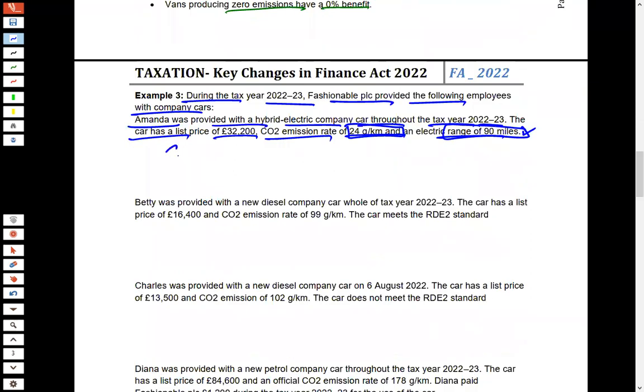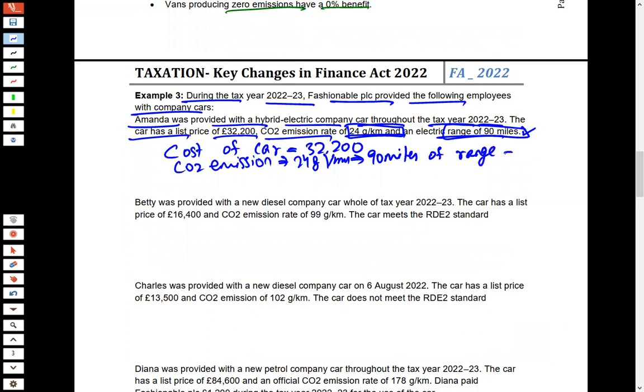So if I look at Amanda, the cost of the car is 32,200. The CO2 emission based on 24 grams per kilometer with 90 miles of range translates into 5%.